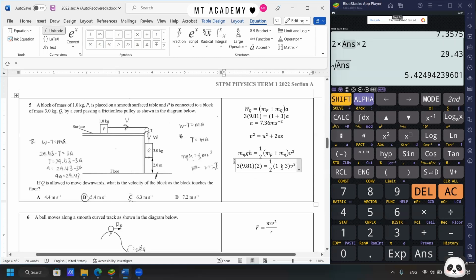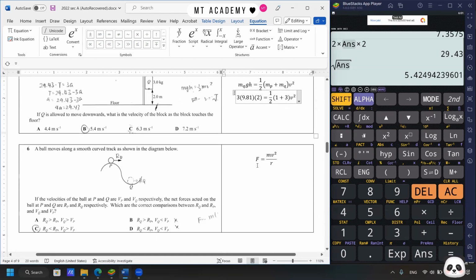When you calculate it, you will get the same answer of 5.4 meters per second. You can also try to derive how both methods are linked. They are connected, and the formulas are quite similar. You can try to derive it if you are interested.